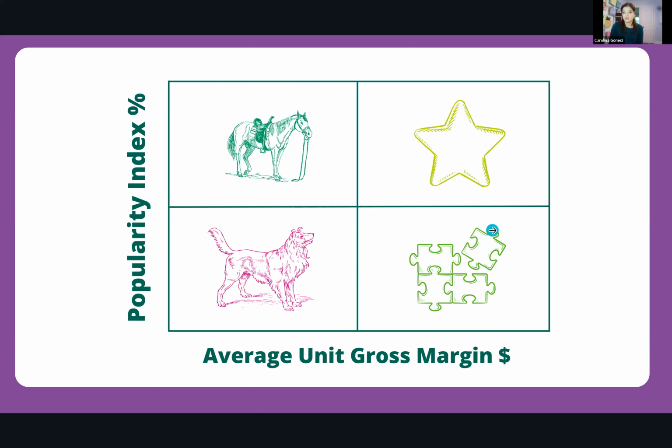And then you have a puzzle. A puzzle is something that makes you a lot of money, but it's not very popular. The fact that it's not very popular is the puzzle, because you're like, wow, this is delicious. It's making me all this profit, but people just aren't buying it the way I want them to. Like, if only they bought more of this and not the pastrami sandwich, because this one makes more of a profit.